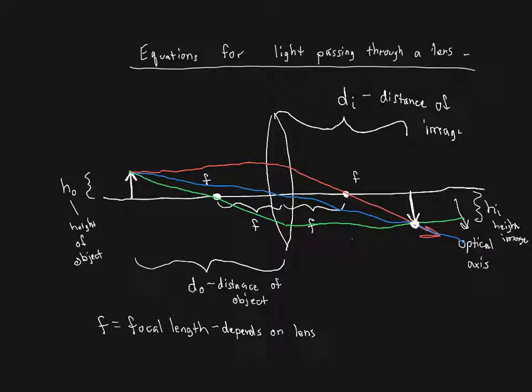This procedure we just followed, where we drew 3 rays, we drew the first one, which comes parallel, and then goes through focal points. We had a second one that goes straight through.